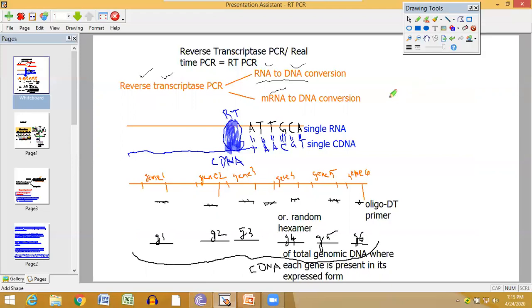Since we know the PCR now, we know that for every polymerase chain reaction, certainly we need two things: one is the enzyme and one is the primer. Say this is your RNA template, with the 5' direction at one end and the 3' direction at the other.